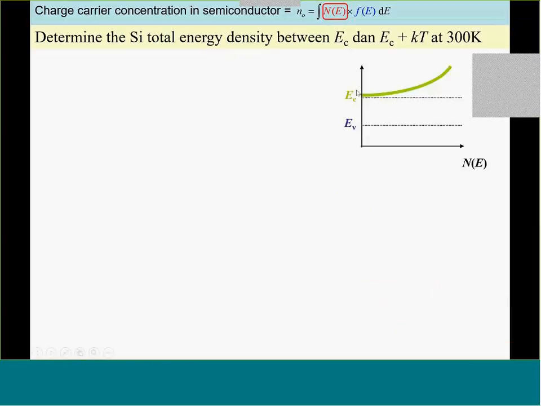So we would like to know the energy density in here.